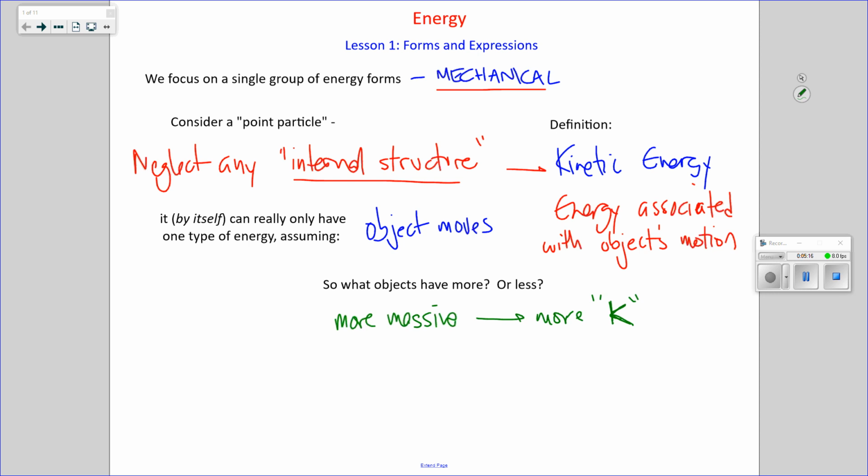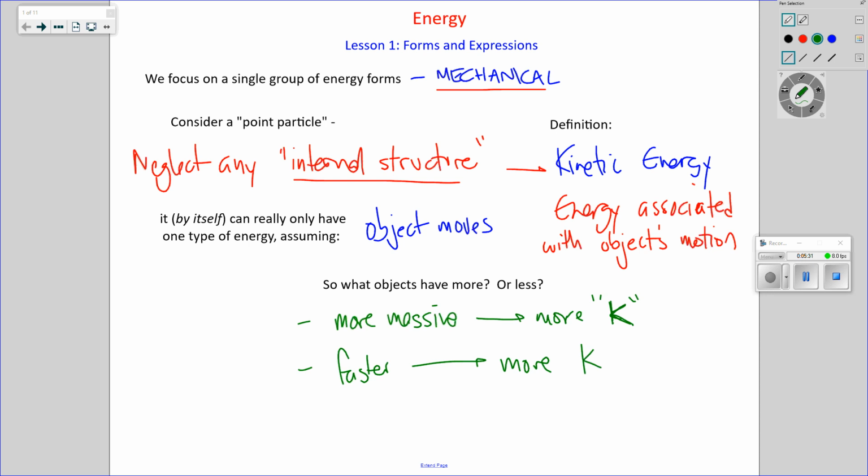It's not necessarily true, but also, the faster objects move, the more kinetic energy they tend to have. Those are the two factors that tell us how much kinetic energy an object has: mass and speed.